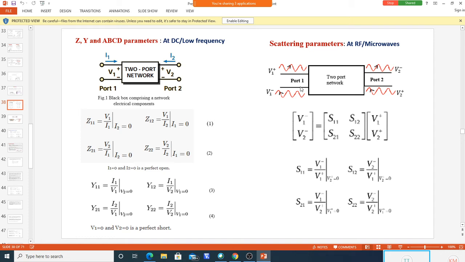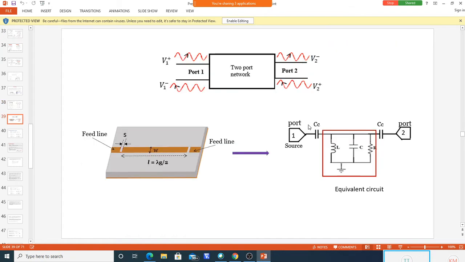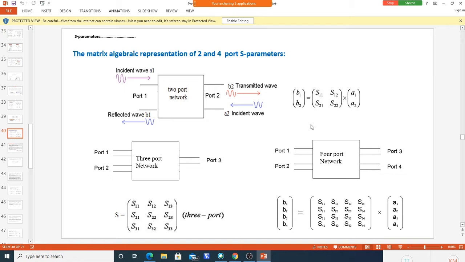We are considering the incident signal and outgoing signals, transmitted signals, reflected signals. So we are considering waves for the measurement of scattering parameters. Why we go for scattering parameters at very high frequencies, we will see.